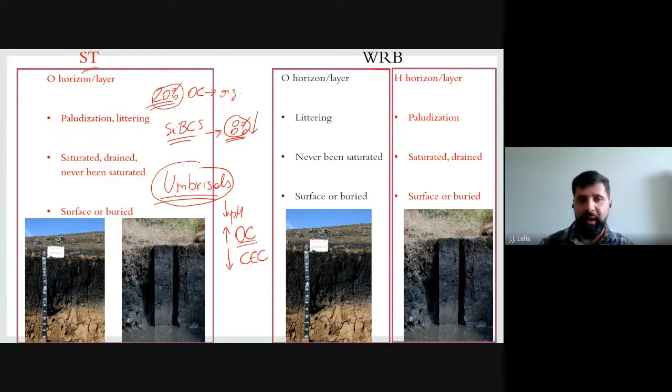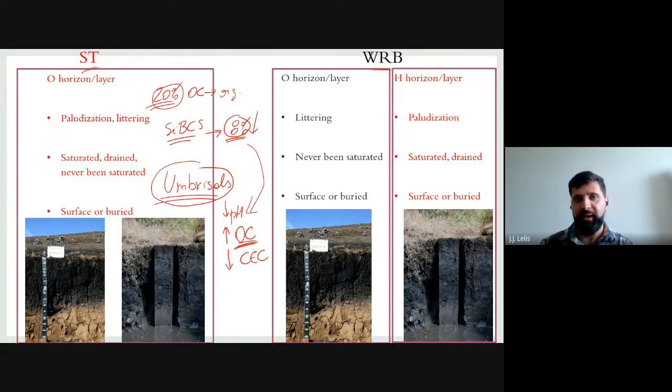Soils with a high content of organic carbon, but not so high, like 8%, will be classified as umbrasols.